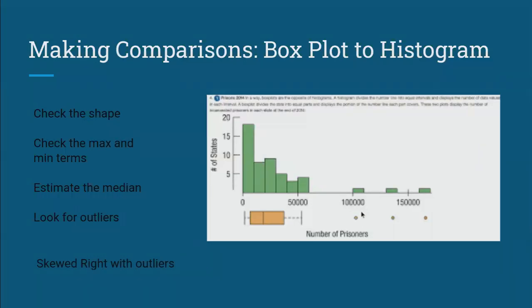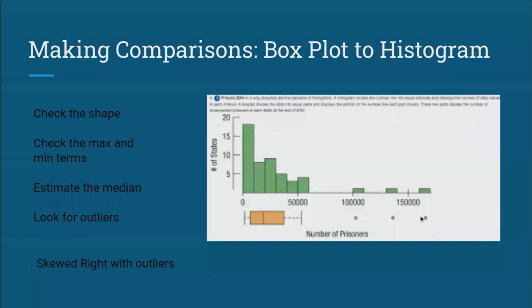So here, ladies and gentlemen, here is the body of the data. And I chose this slide because I wanted you to see, this is how they mark outliers. Most times you will see outliers marked with little circles, but sometimes they will also have an X. Either way, those are the outliers.